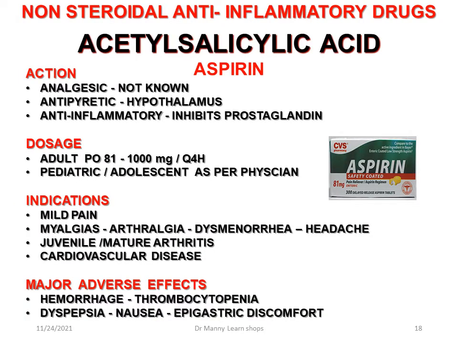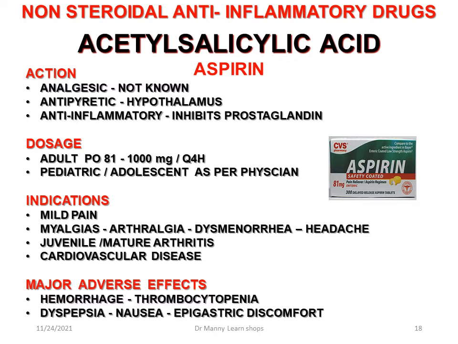When we look at other analgesia, we can also look at non-steroidal anti-inflammatory drugs, such as acetylsalicylic acid, aspirin. And it's a wonderful drug, really. The analgesic effect, however, is not known. It has an antipyretic effect in the hypothalamus, and it has an anti-inflammatory effect by inhibiting prostaglandins.